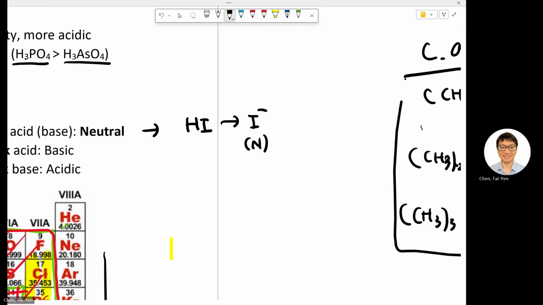The thing that makes HI a strong acid is because the H plus is acidic, right? The H plus is actually the source of acidity. Okay. I minus itself is neutral. All the acidity comes from the H plus.